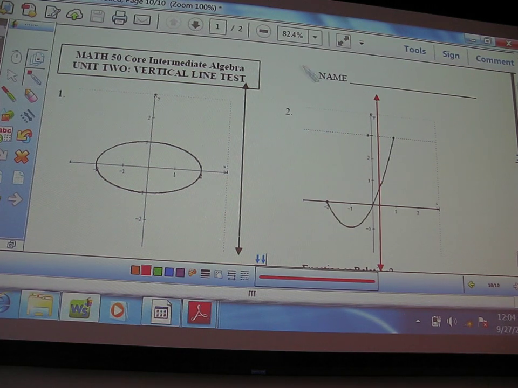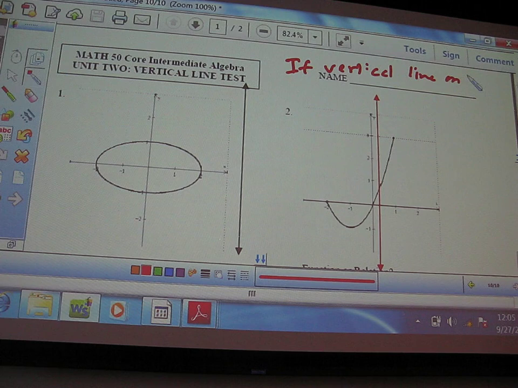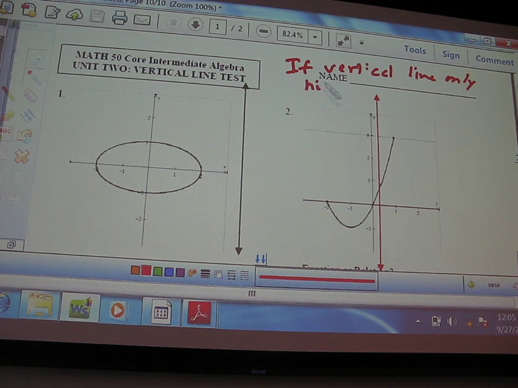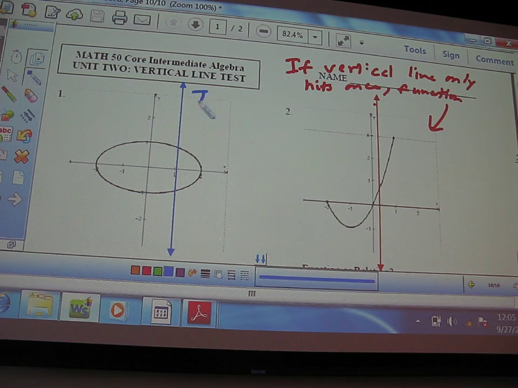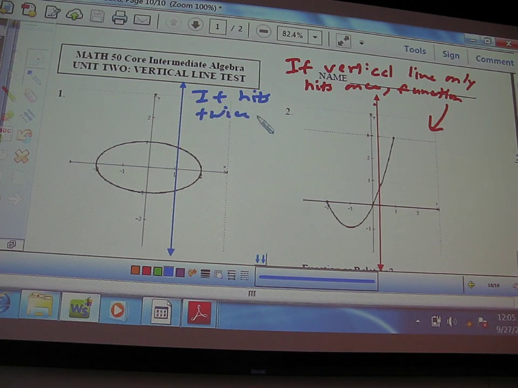So, if a vertical line only hits once, it's a function. If it hits twice, it's a relation.